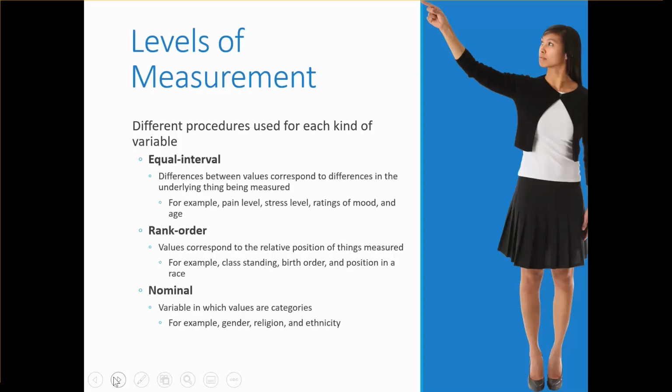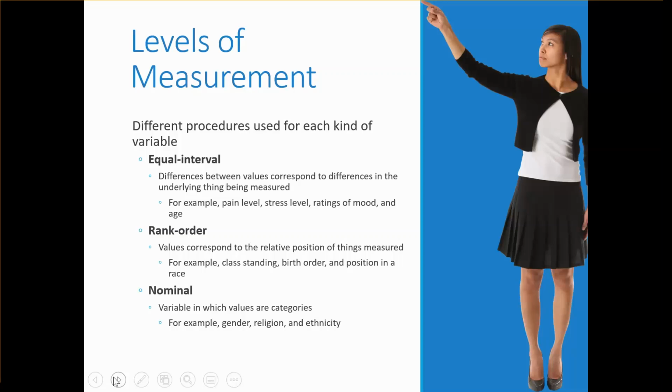If you have a stress level of 5, on a scale of 1 to 10 or 0 to 10, that's not as bad as level 10 of stress. So those are equal interval, like we were saying with weight and age and those kinds of things.